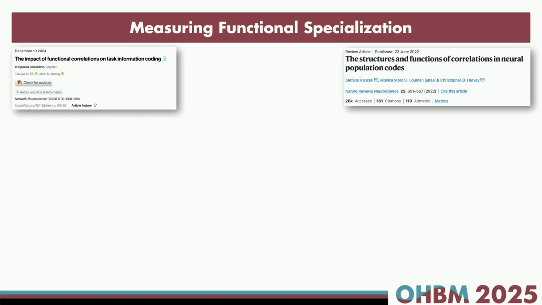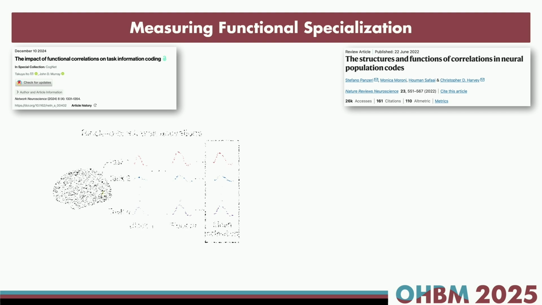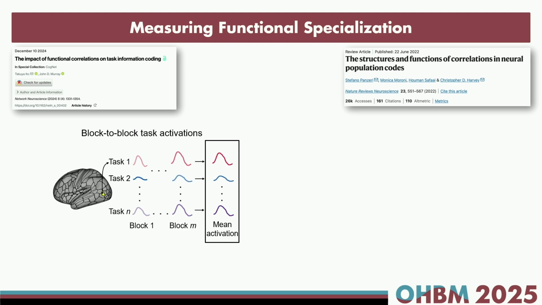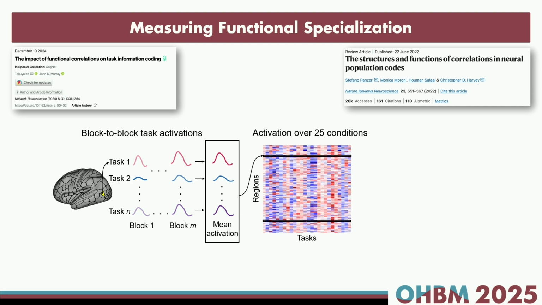My collaborator, Taku, did a really nice work showing that this concept can be generalized to neuroimaging, especially at the parcel level. So basically what we did here is we measured the mean activation pattern of each brain area for different task conditions. For instance, in this matrix, each row represents the unique activation patterns of that brain region for 25 different task conditions.